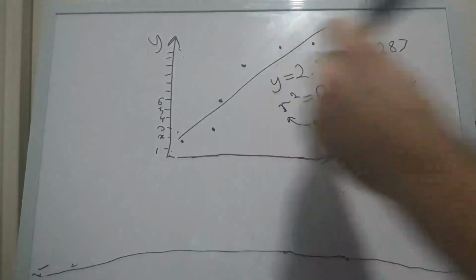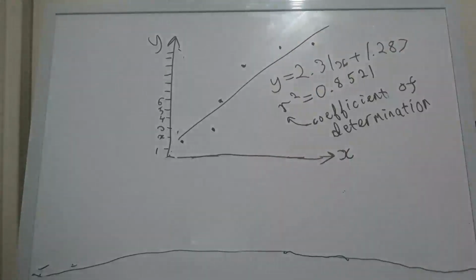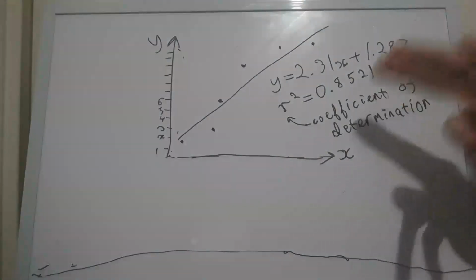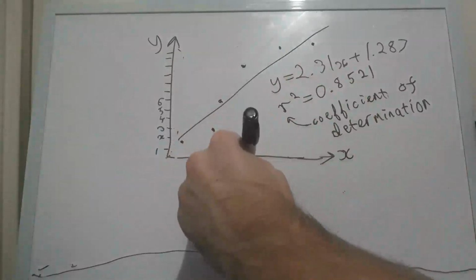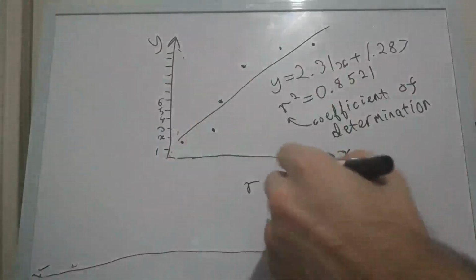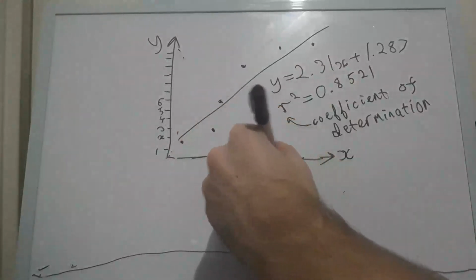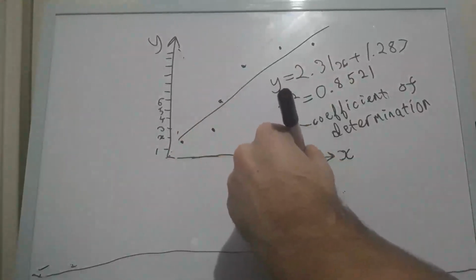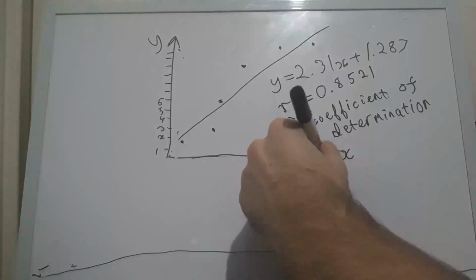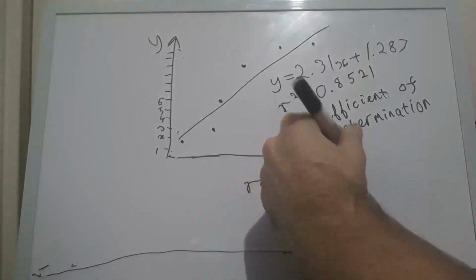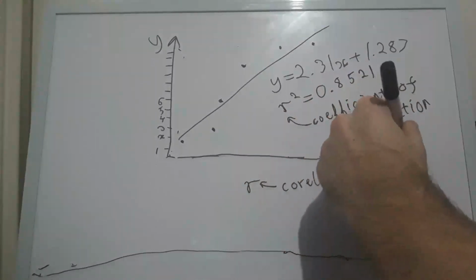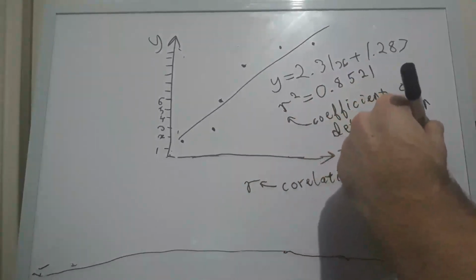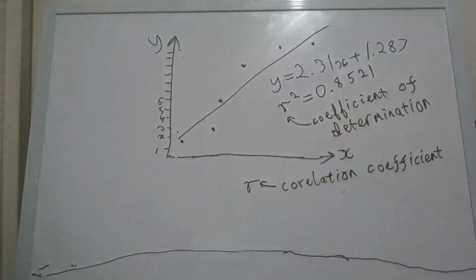All right. Now, r squared is that. Alternatively, you have this thing which we call r. That is your correlation coefficient. Like I said, spelling ain't my strong suit.